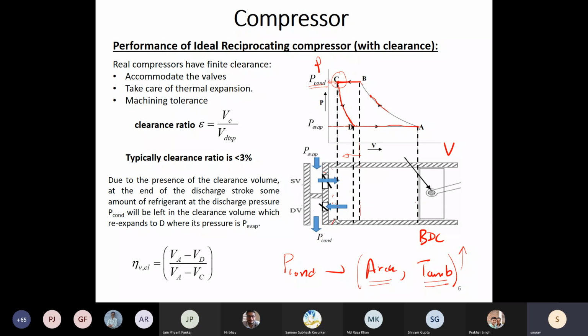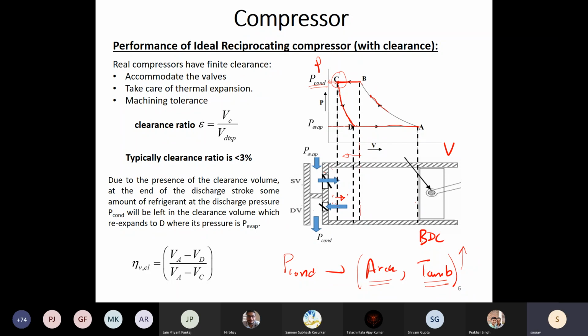Any questions? Yes, the discharge valve will close right after the piston reaches the top dead center, or just below? So this is a limiting case. As soon as it reaches the top dead center, it will still be discharging, and just when the direction of the piston reverses, then it will close.